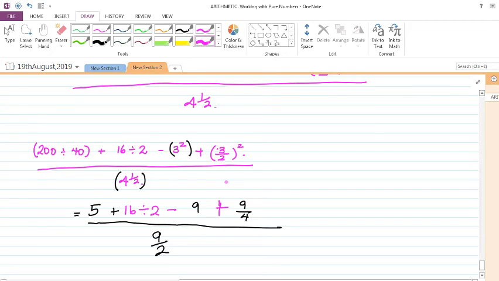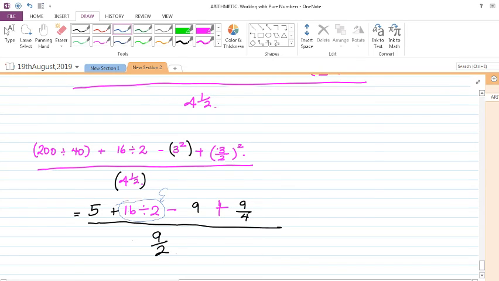All the brackets are taken care of. Next thing I have to take care of is the division, so I'll take care of that division now.